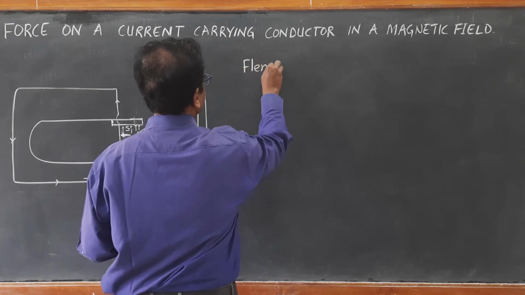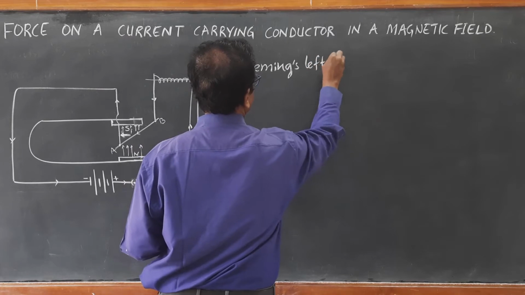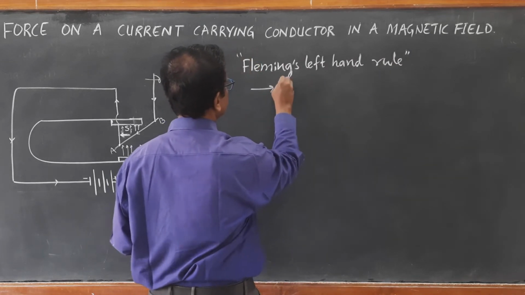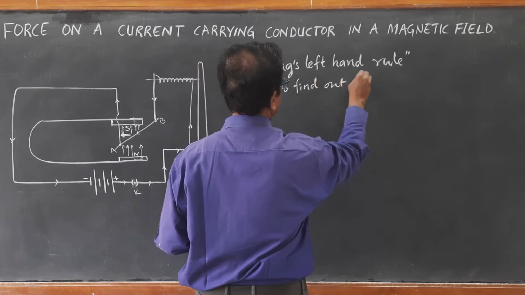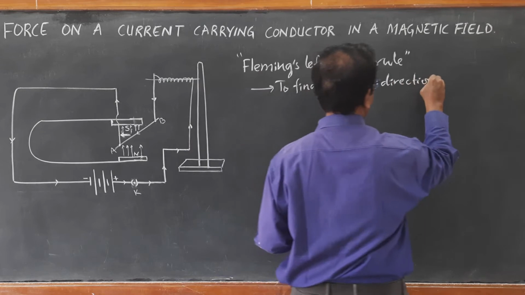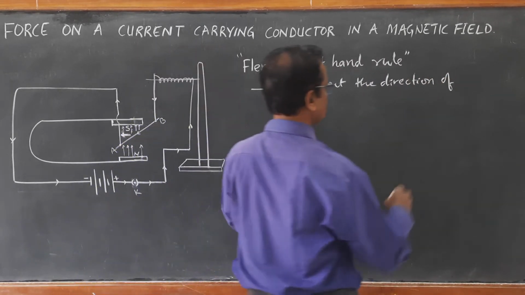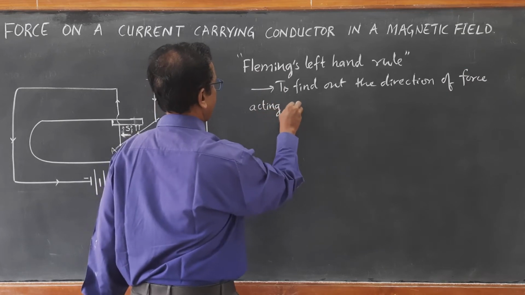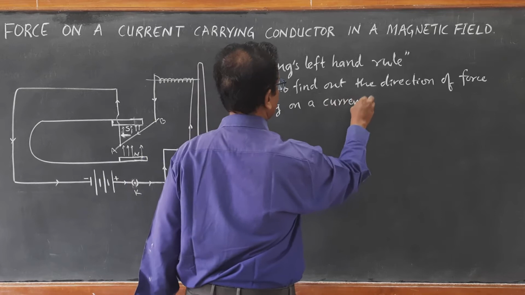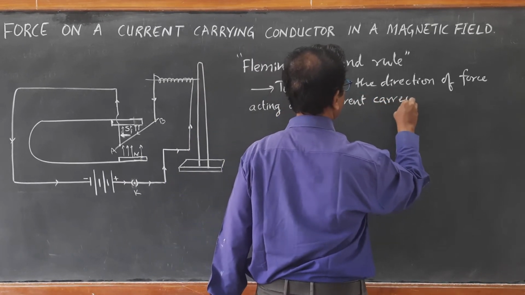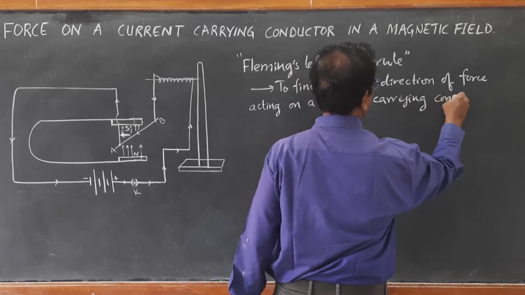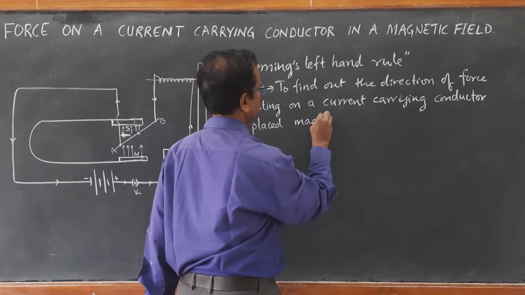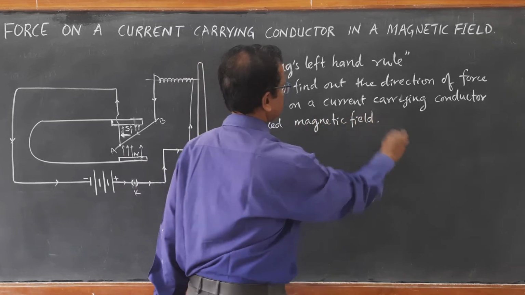The left hand rule is to find out the direction of force acting on a current carrying conductor placed in a magnetic field.